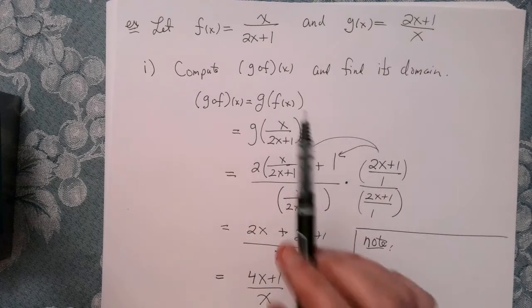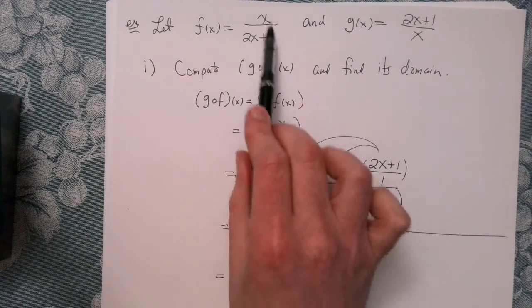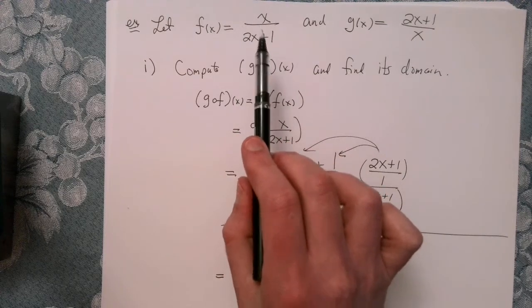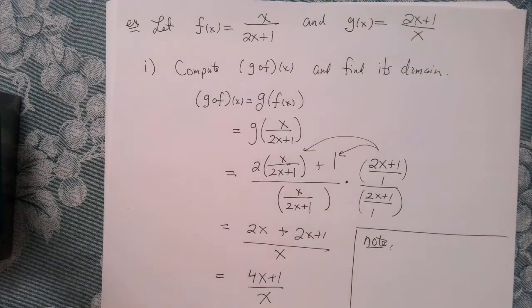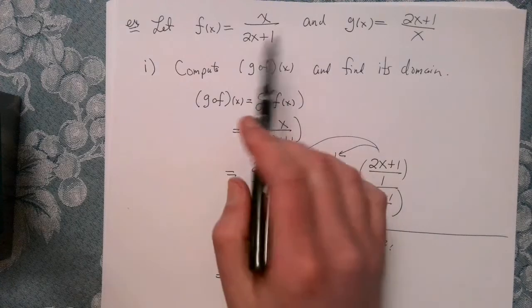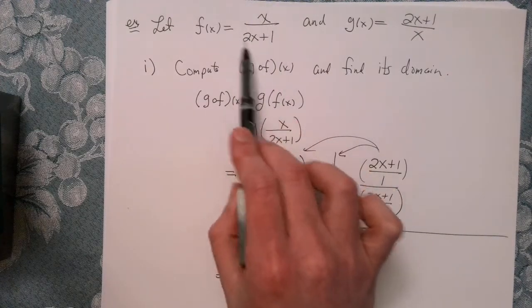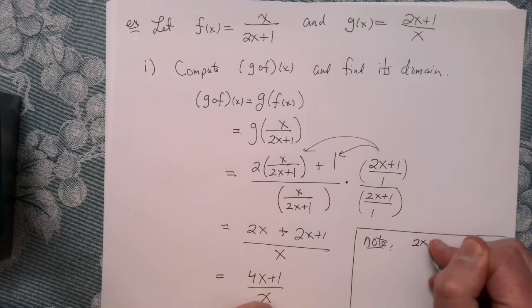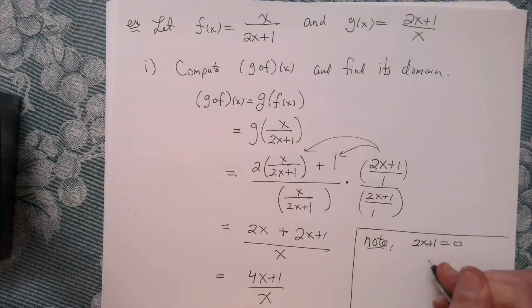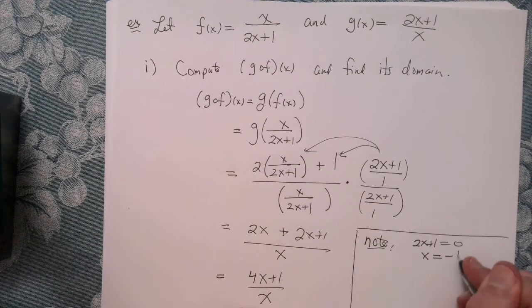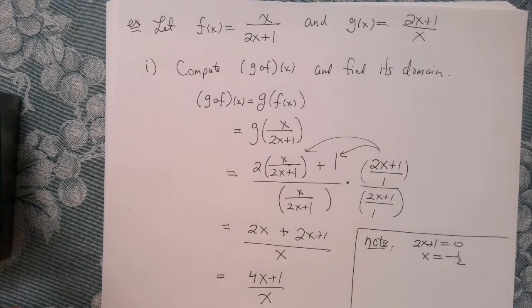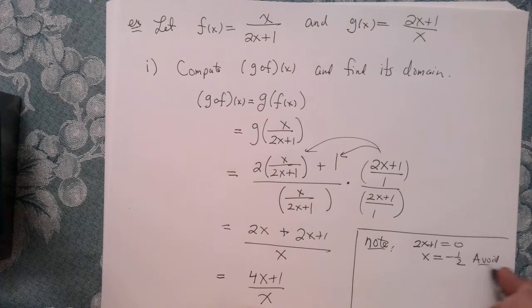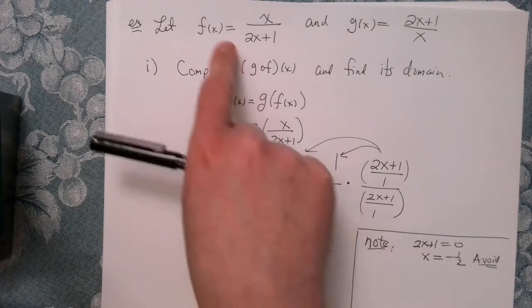For this function here, are there any values or any choices of x that are not in its domain? I mean, if x is equal to blank, this function's not defined. Right, so, well, what you can do is you can set that denominator equal to 0, and then you want to avoid that. Because exactly this value creates a division by 0.